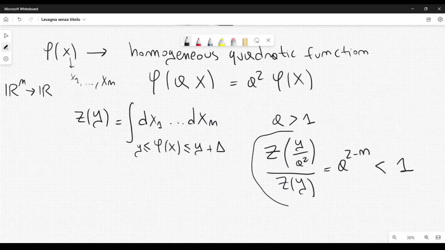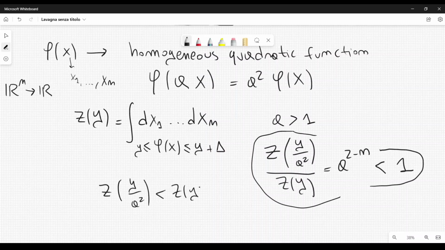This is an important inequality that Einstein considered in his paper. We will prove this, and this is important because this means that z of y over a squared is less than z of y, and it means that z of y is an increasing function if we increase its argument, because 1 over a squared is less than 1.